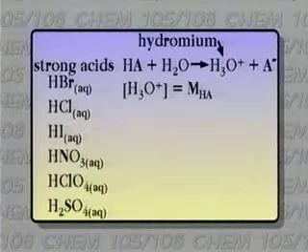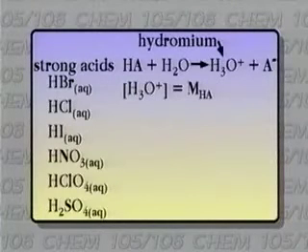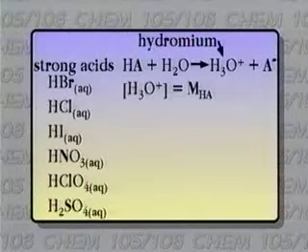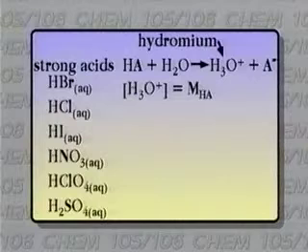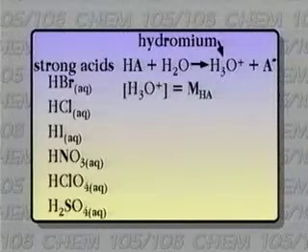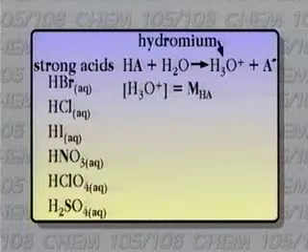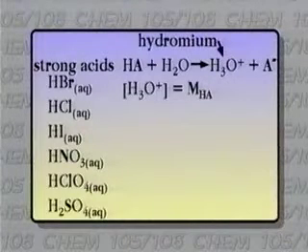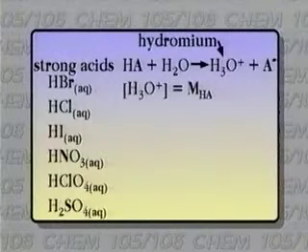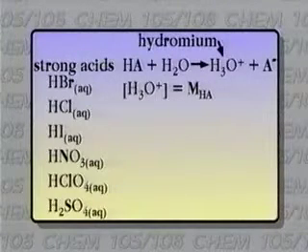Hydrobromic, hydrochloric, and hydroiodic acids. Again, we haven't done the naming yet, so we're not concerned about exactly how we name things. We'll do that in Chapter 8. But those 3 acids are strong acids, meaning that when we put them in water, they're 100% dissociated.